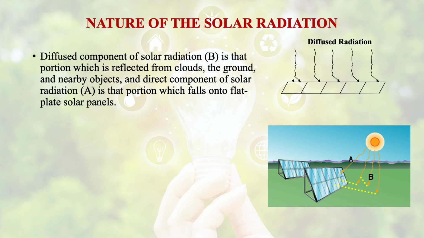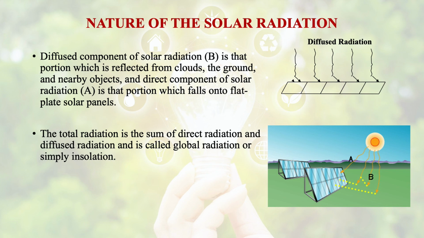And the direct component of the solar radiation, that is shown as A, is that portion which falls onto the flat plate solar panels, that is, which is falling directly on the solar panel. And the total radiation is the sum of direct radiation and diffuse radiation and is called global radiation or simply insolation. We call it insolation as well.